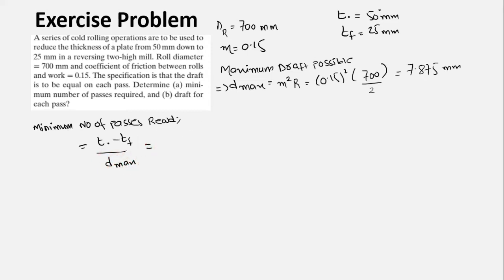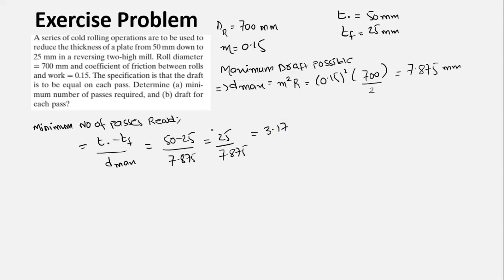So total draft that we require is 50 minus 25, that is 25 millimeter, divided by 7.875 millimeter. So the number of passes would be 3.17.